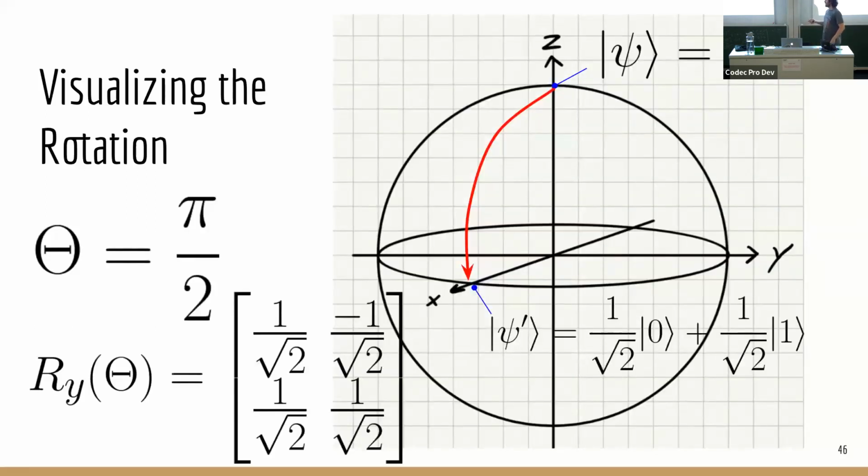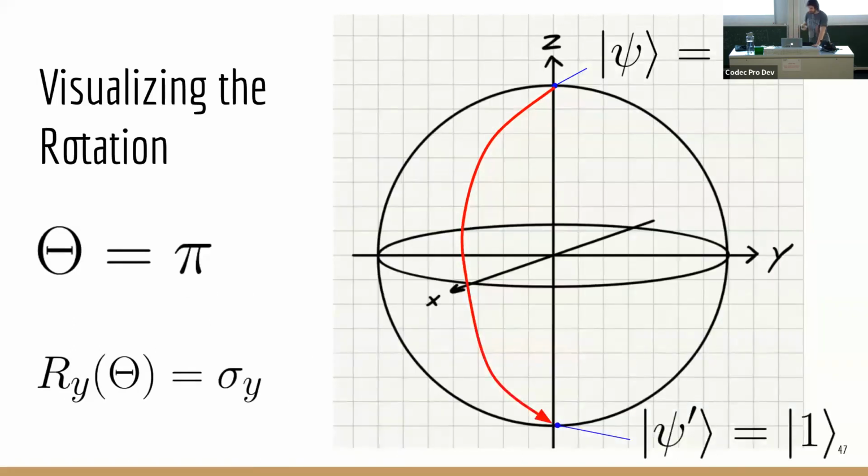However, as we vary theta, let's say we go to pi over 2, our Y rotation matrix will actually take our qubit state and rotate it 90 degrees around the Y axis. And then if we set theta equal to pi, we can show that our Y rotation matrix is equal to the Pauli Y matrix.